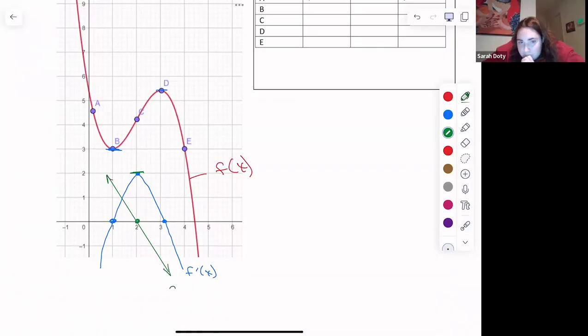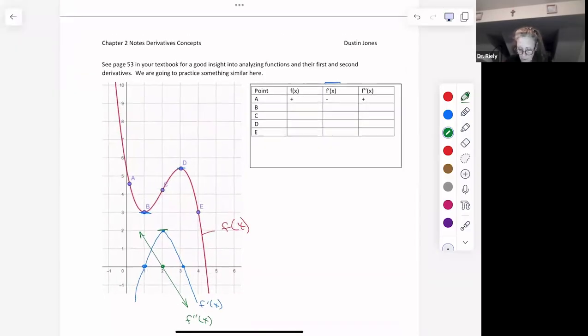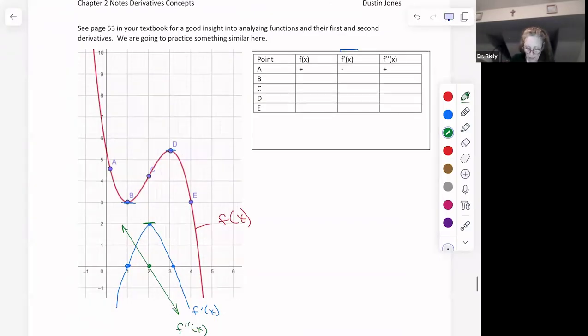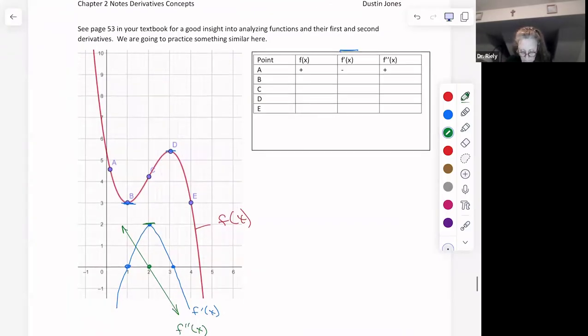And that would be my second derivative. So when they say these different points, they're really asking for the x values. What's the slope at that x value? So if this is your A point, then that would be down here. The same x would be down here. And I would have a positive slope there.